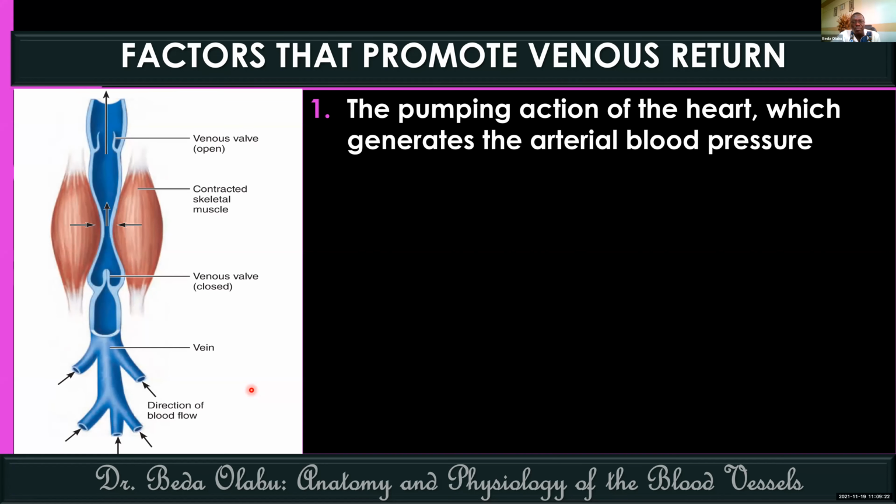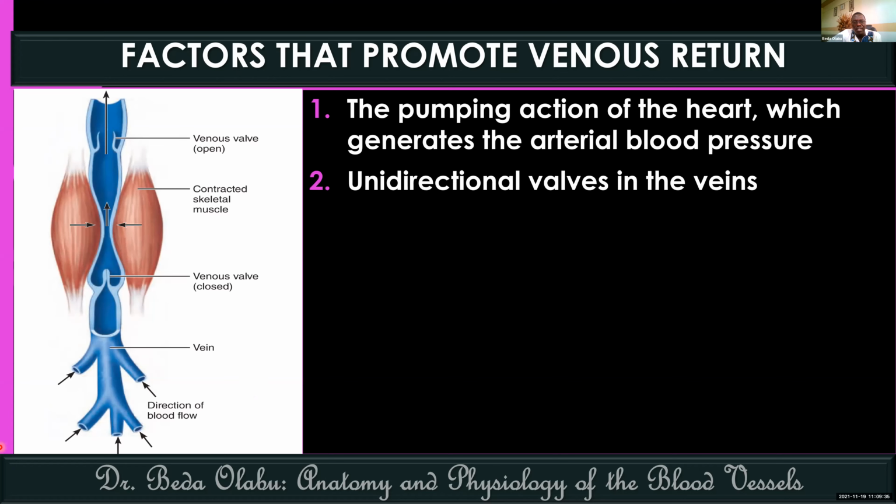And so that is why we have that pressure gradient that we talked about. But we are saying that pressure gradient is low. So apart from that pressure gradient that we already have, what are the other factors? Veins have valves that ensure that once blood has gone up, it can't go back. They allow unidirectional flow of blood. So that will help to promote venous return.